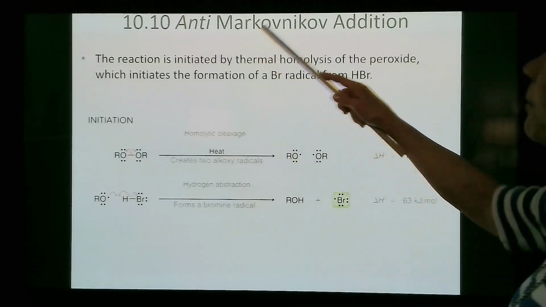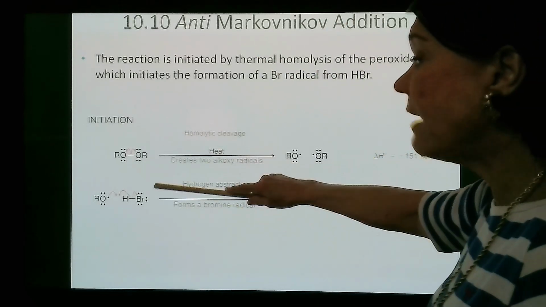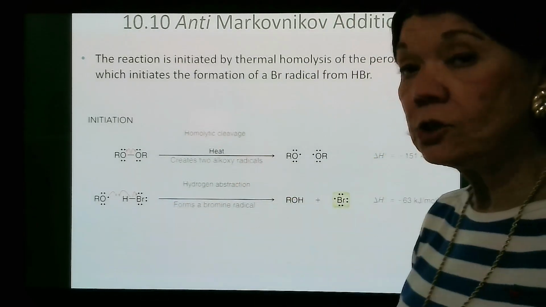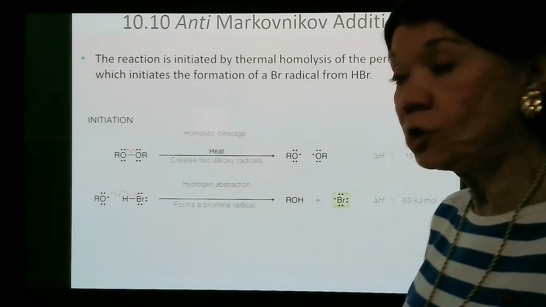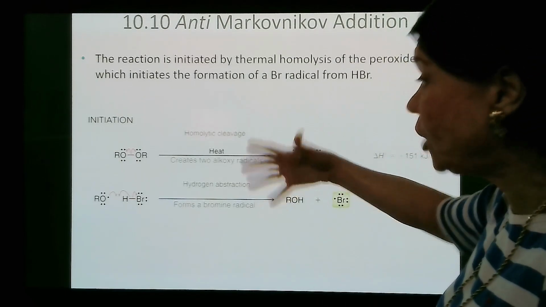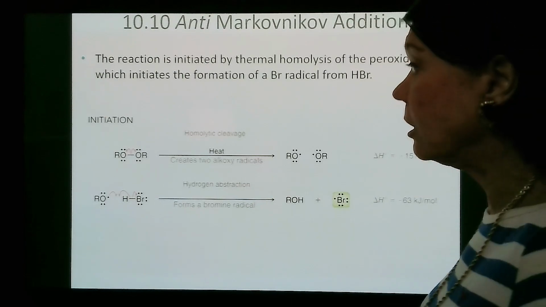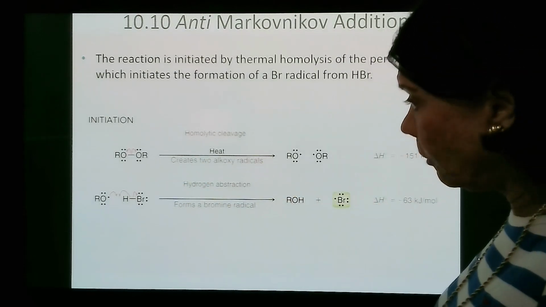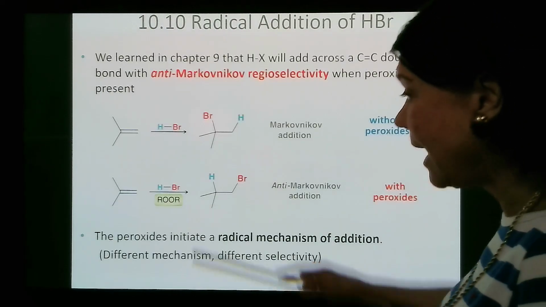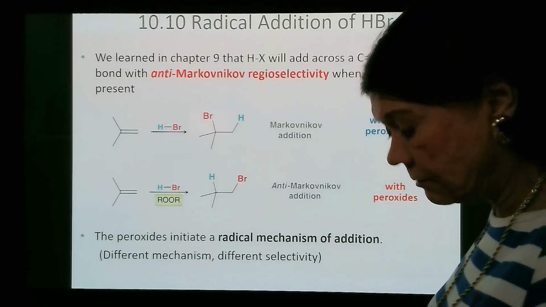So here, anti-Markovnikov addition, here we have initiation. Now, initiation is not part of the actual addition. This is just getting it set up to do the addition. So go back and look at that reaction, you have a peroxide.